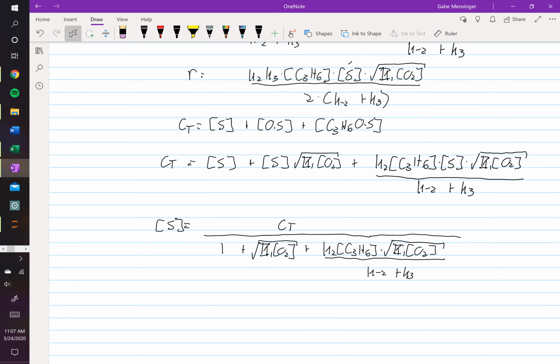And while we can't leave S or any of the surface species in our final rate expression, we can leave CT in, because CT is kind of like a constant. So, all right, how do I want to do this?